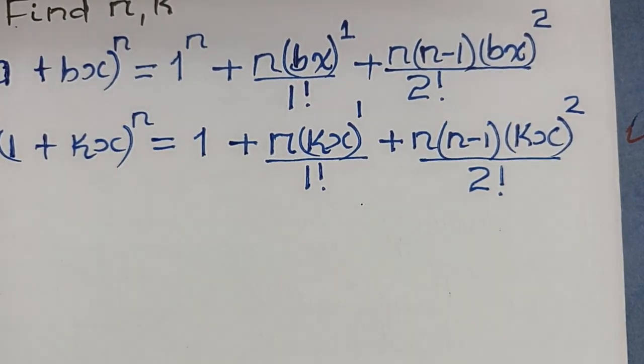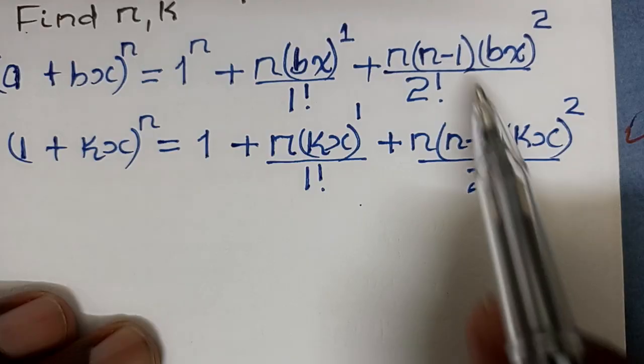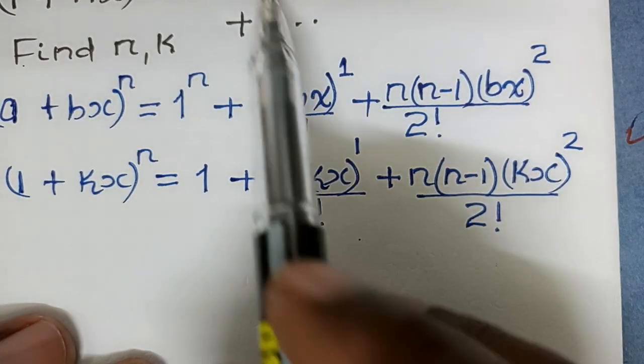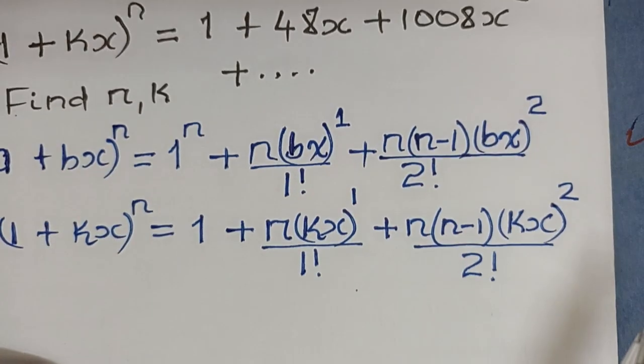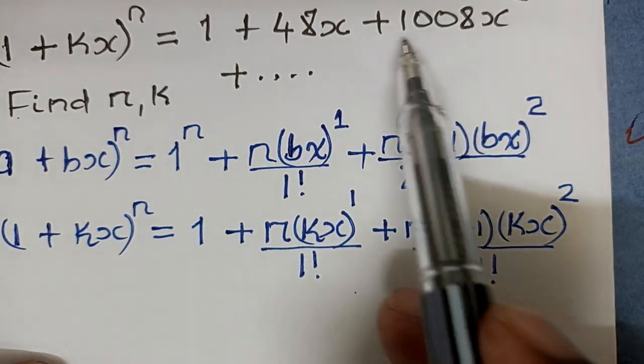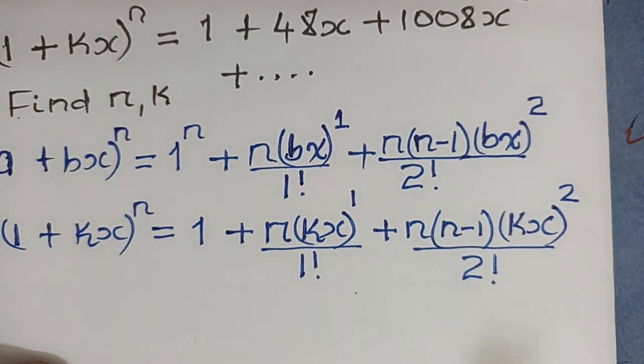So guys, now we come and equate this term and this term. As you can see, we have here 1 plus 48x plus 108x squared. Actually, we are equating to this term.